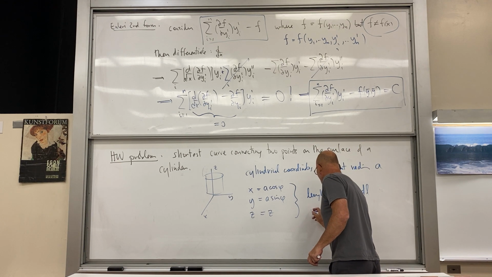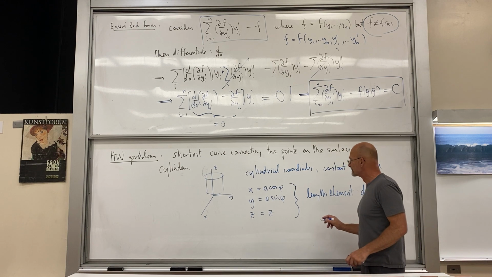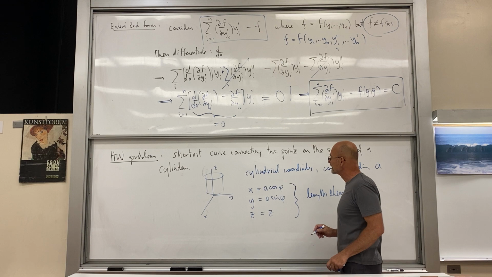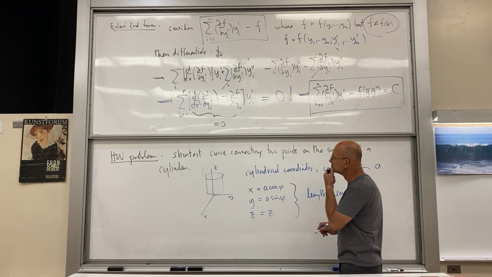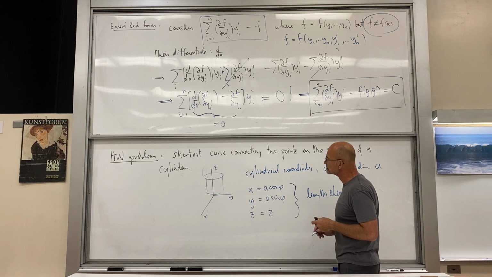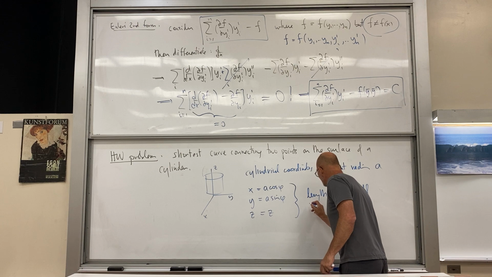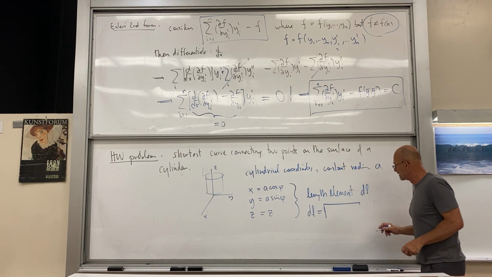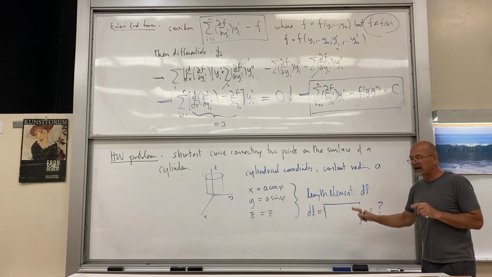So what is the length element going to be? It's going to turn into two. This may drop into one variable after all. Length element, we will have, actually, let's let you guys find that.